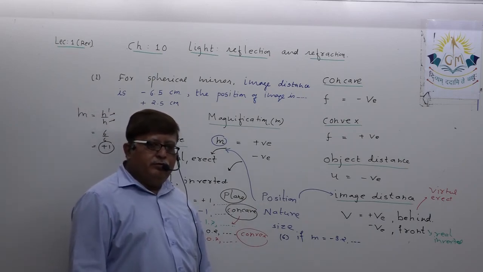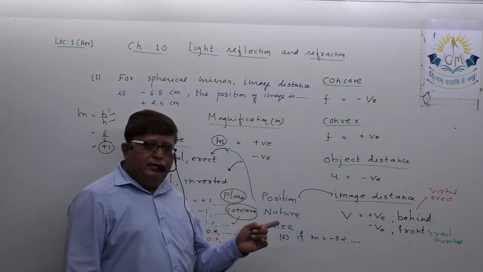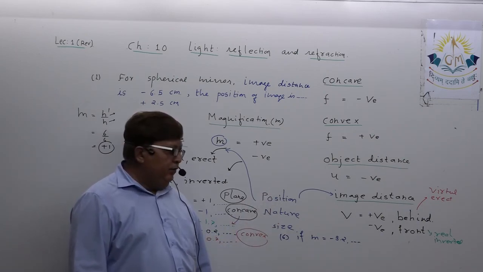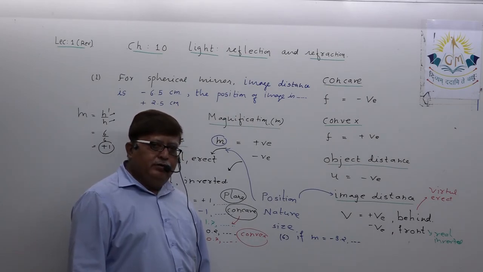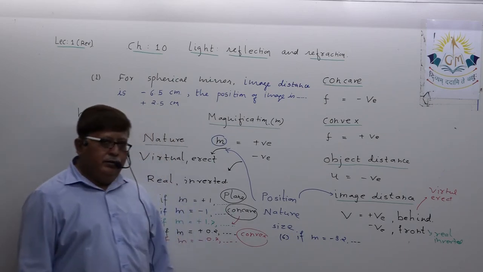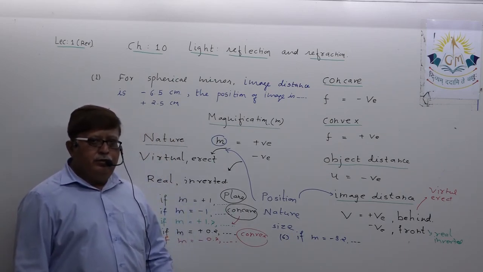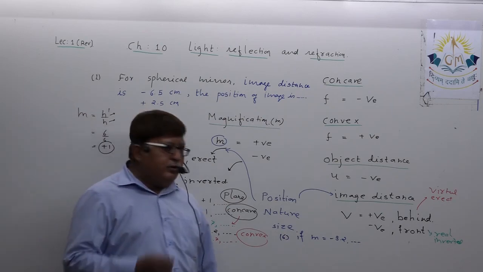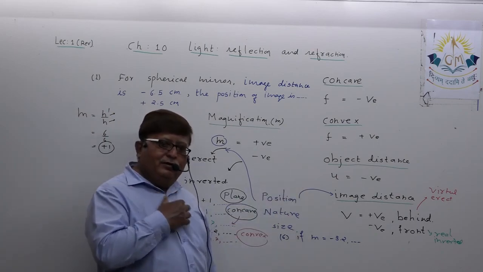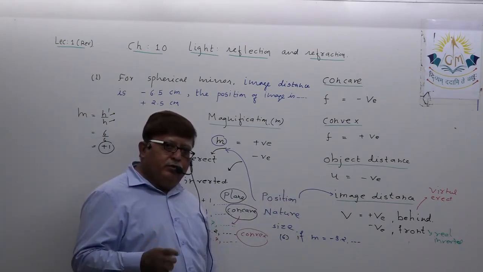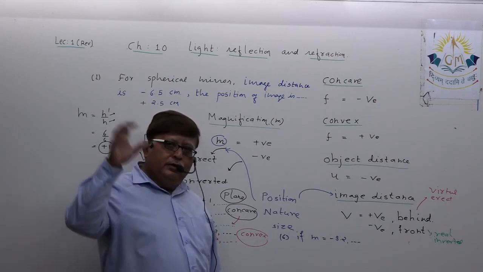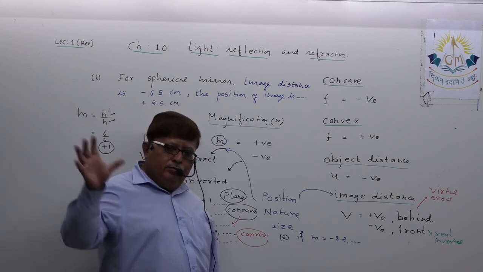Image distance will give you an idea regarding position of the image and nature of the image. Plus behind the mirror, virtual and erect. Negative in front of the mirror, real and inverted. These are some of the points, dear student. Before the next session where we solve some numericals, you need to note these points down, either in your book or in any margin area.